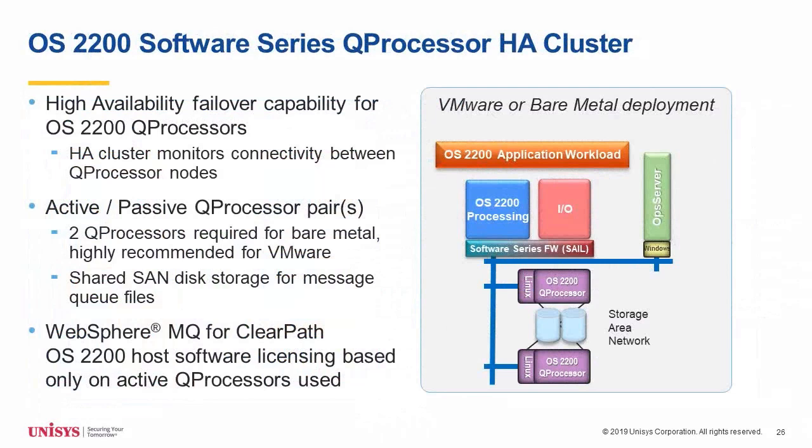And again, that then provides a higher level of failover capability through the HA cluster software that has already been tested and works on the Dorado family and with many of our clients as part of their ongoing processing.